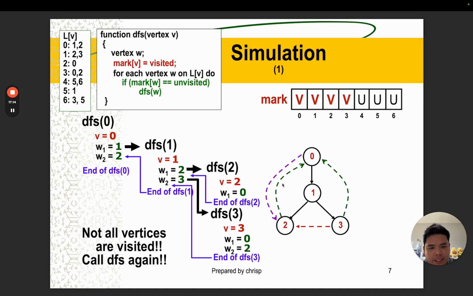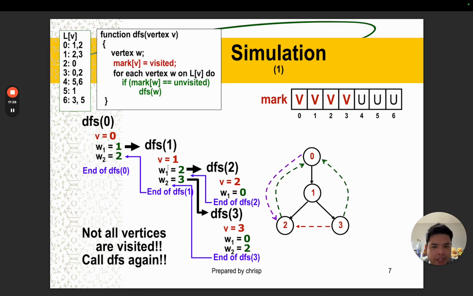And you will notice there is a color coding and it's broken lines. That's a notation. It just means that there is an arc going from 2 to 0, but it's already been visited, so I'm not going to draw a black arrow. I'm going to draw a different arrow that's broken going to 0.